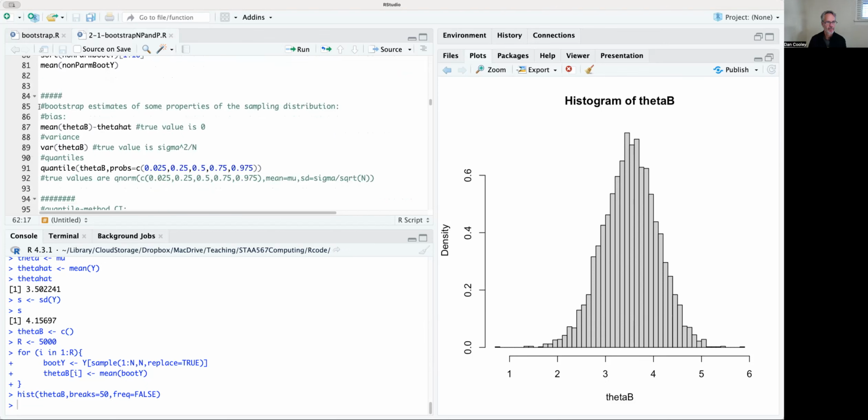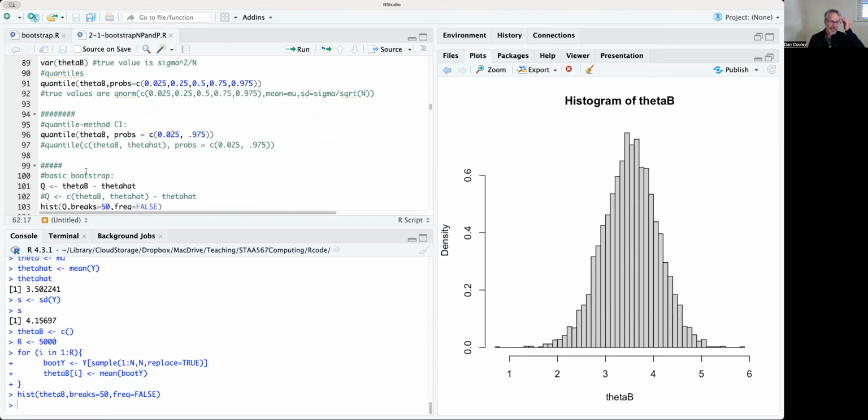Okay, so line 85 is repeating our investigation of mean, variance and bias. Here is the quantile method where they would just take the 0.025 quantile and 0.975 quantile and get the confidence interval.